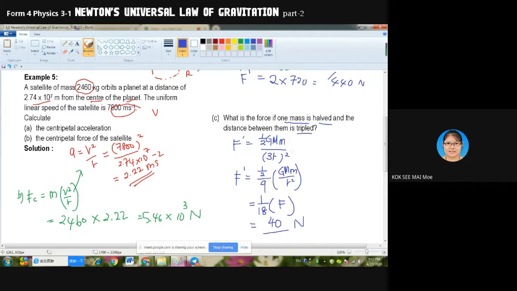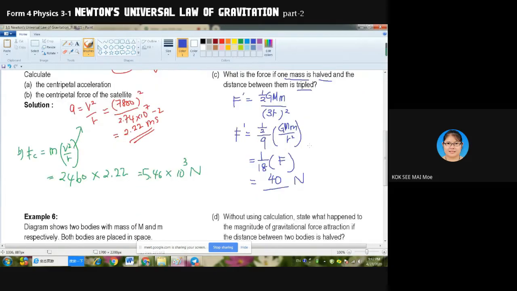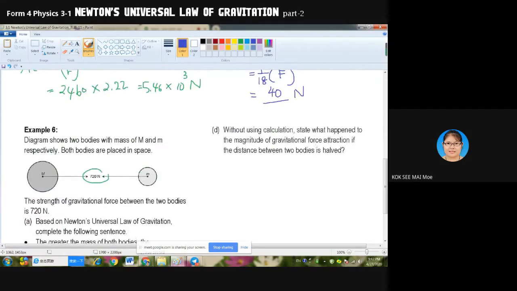Okay, so we go to the last. Without using calculation, okay? You don't need to count it. You just see the question, then you tell me the answer. What happened to the magnitude of the gravitational attraction if the distance between two bodies is half? They want to ask about the value. Okay, means your R square becomes half, 1 over R square. So what do you think about your force now?